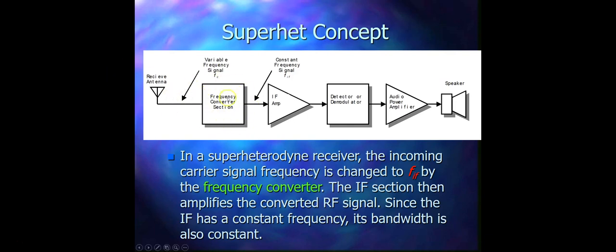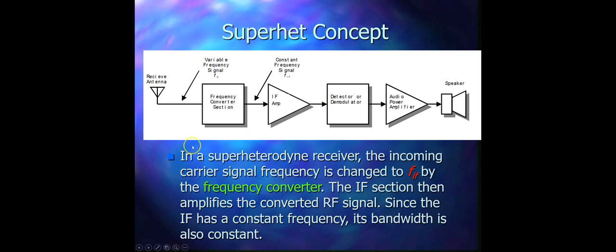After this frequency converter section, we get the constant frequency signal, which is further sent to the amplifier and then to the demodulator. And you know that in the demodulator, or at the detector side, the carrier frequency and the information signals are separated, and at the output you get the information signal, which is amplified and sent to the speaker.